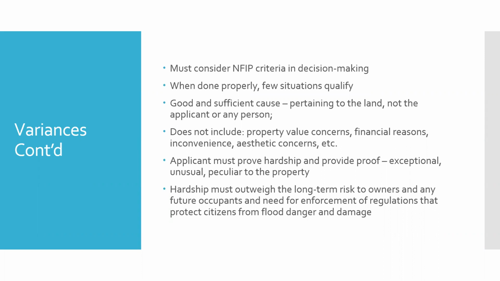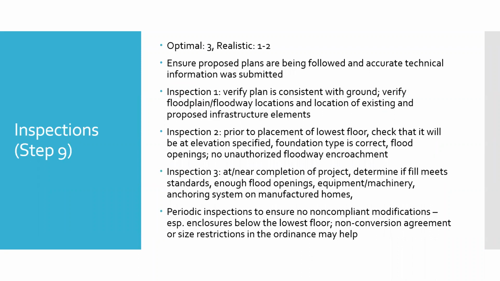It doesn't concern property value or financial reasons, any inconvenience or aesthetic concerns. We're talking about unusual characteristics of the property and a hardship that outweighs the long-term risk to the owners or any future occupants, and the need to enforce our regulations that protect people from flood danger and damage. So just make sure your Board of Appeals is educated on that criteria.